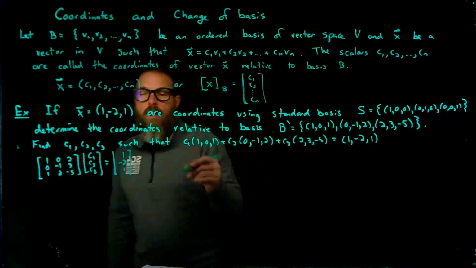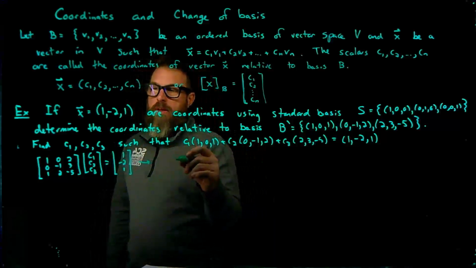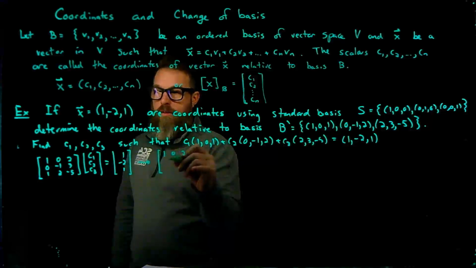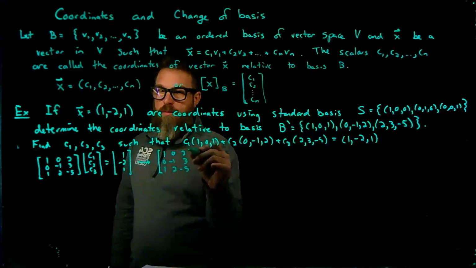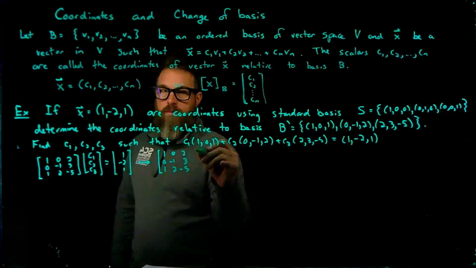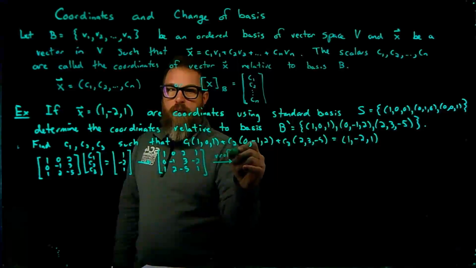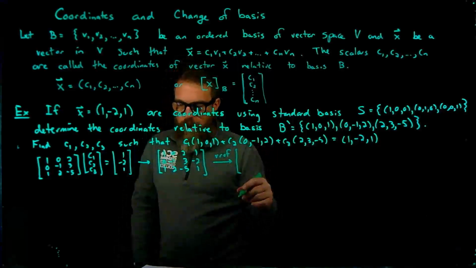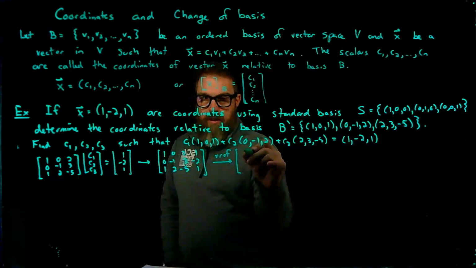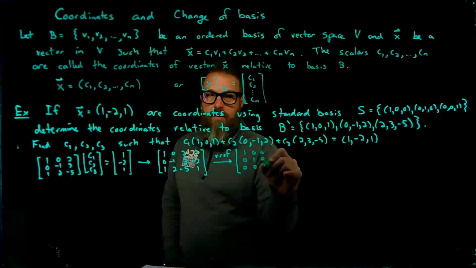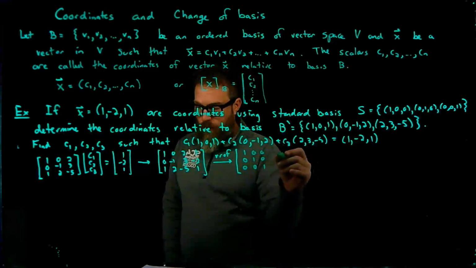Now I can write this into augmented form if I want to just use row reduction to solve this. And then when I row reduce to echelon form this particular matrix, I am going to get essentially the standard basis here, along with the coordinates C1, C2, C3.